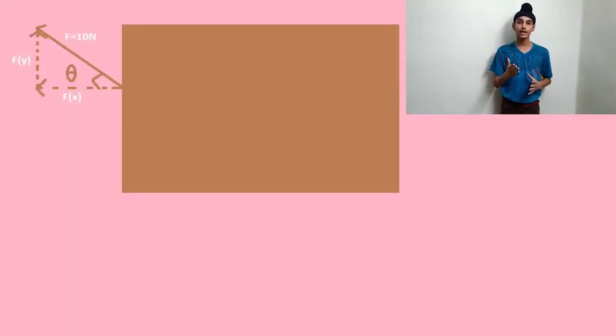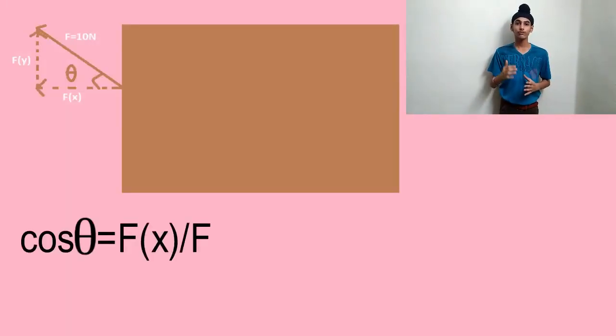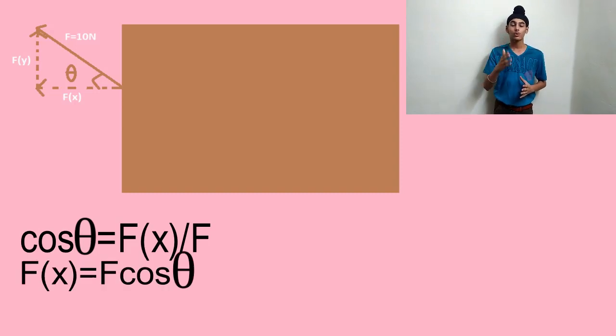But there can be one more case. If the force acts at an angle like this, then how shall we calculate the magnitude of the force? For this, we have to use trigonometric functions. In this case, we know that cos theta equals the force exerted in the x-axis over the total force exerted. So if we evaluate this, we get the force exerted in the x-axis equals total force exerted times cos theta.